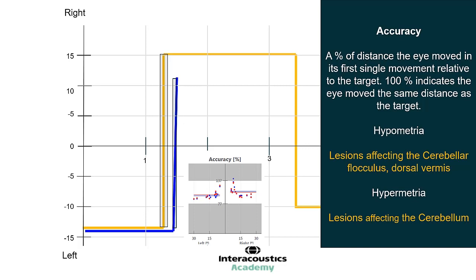So we may have a movement that doesn't fully reach the same point as the target, and that we would describe as hypermetria. And again, these could be lesions that are affecting the cerebellar flocculus or the dorsal vermis. Or we may have a movement that's actually exceeded the target movement, and then a correction has been placed back on the target. And again, these would be more consistent with lesions within the cerebellum.